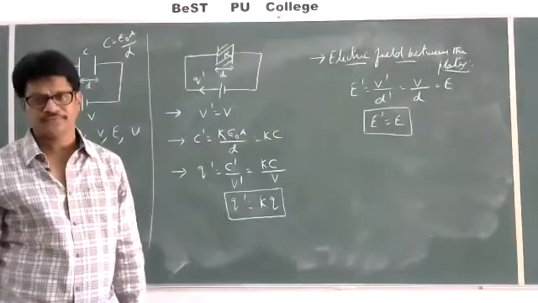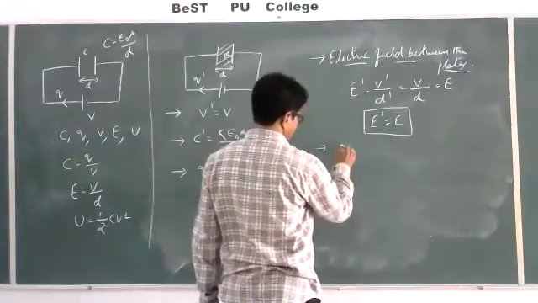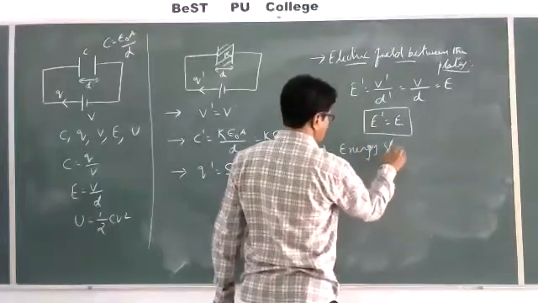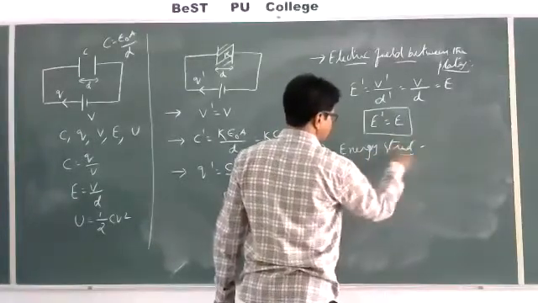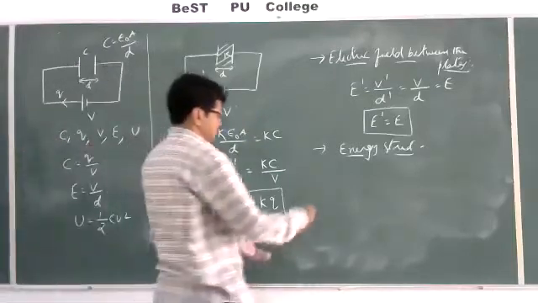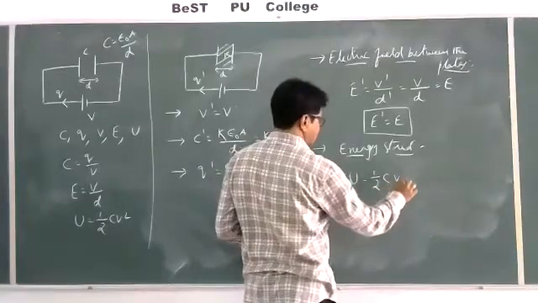Next, energy stored. What is the formula for energy stored? U is equal to half CV square.